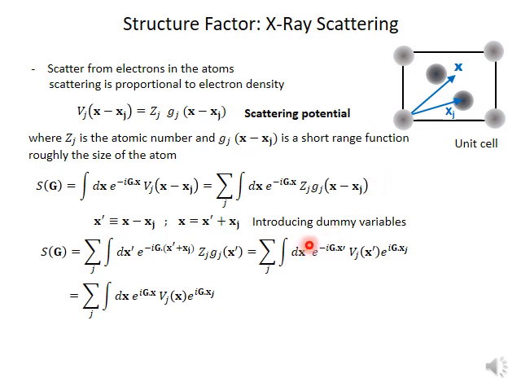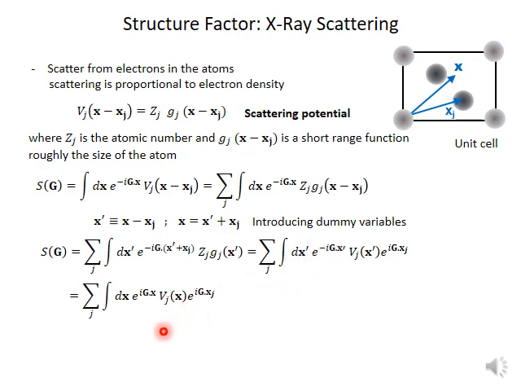So this dummy variable basically doesn't do anything to the integral itself. It just changes your reference point within the unit cell. So I can switch back from x prime to x because now I have my reference not here but maybe somewhere else within the unit cell, so it basically doesn't matter if I write the prime or not.